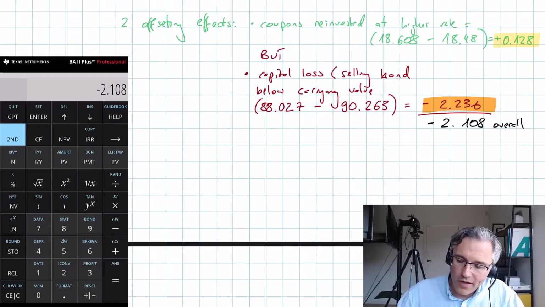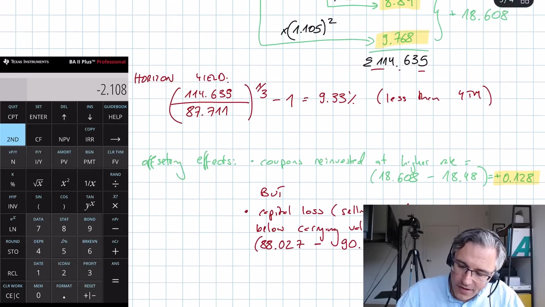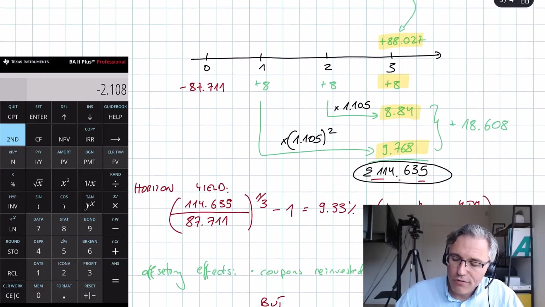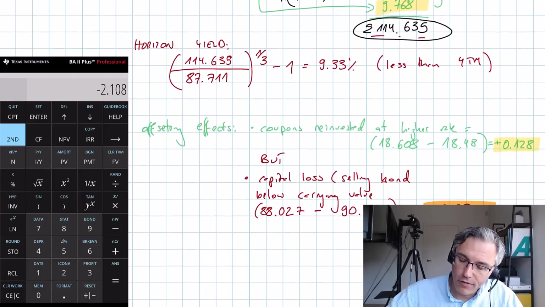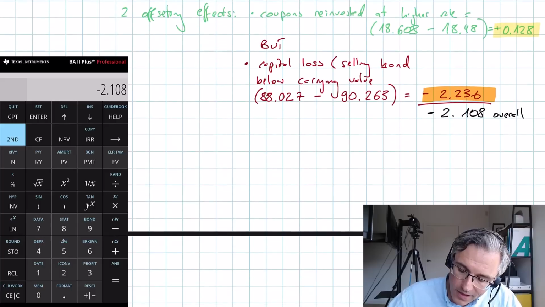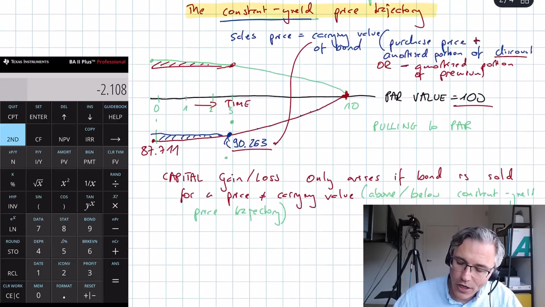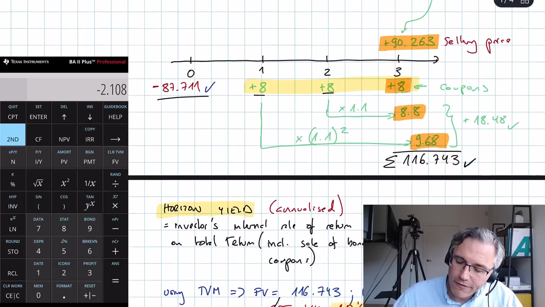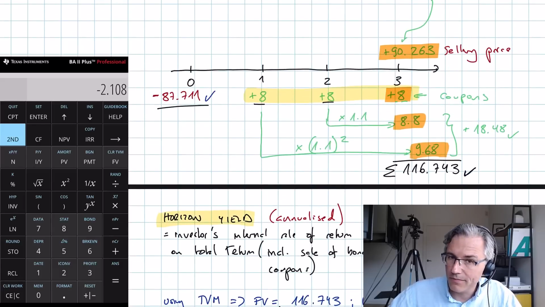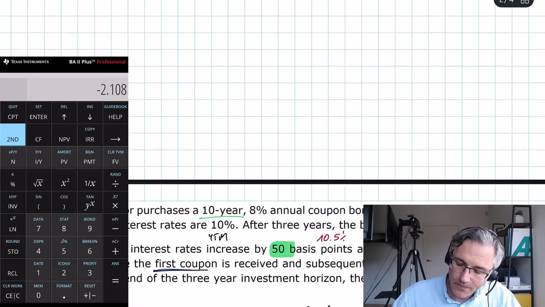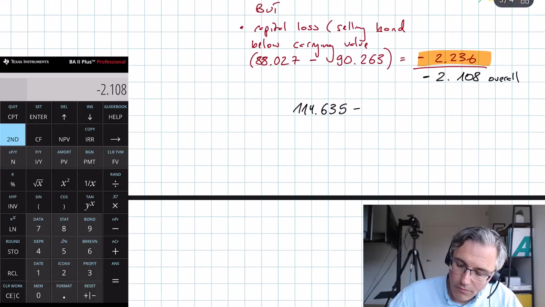And this is why, over here we've got total year 3 cash flow of 114.635, whereas before, without any yield change, we would have had 116.743.